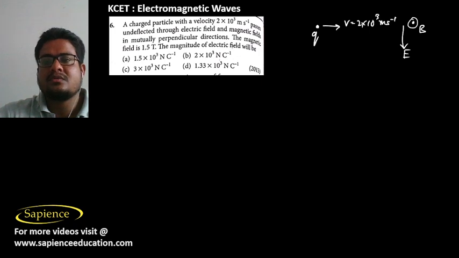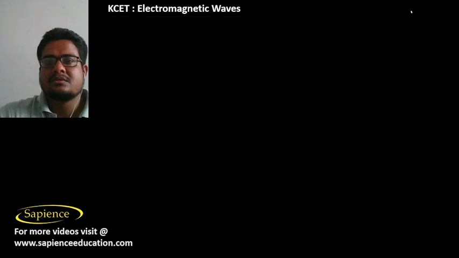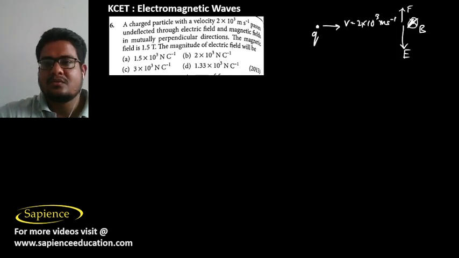That means QV cross B, the magnetic force is upwards, and the electric force is downwards.